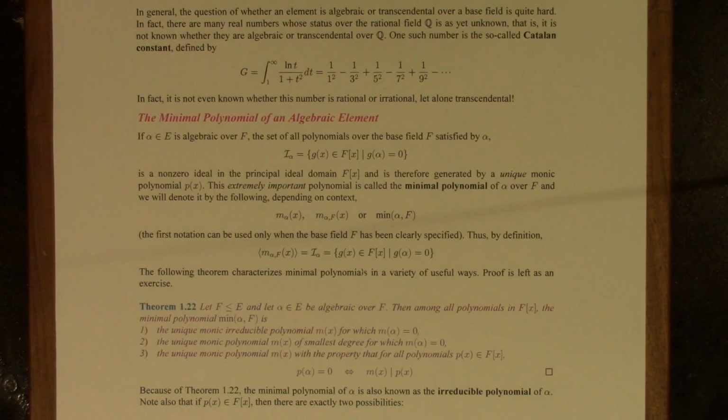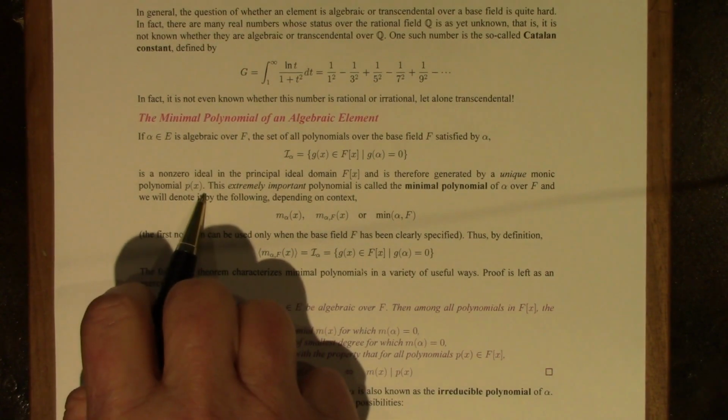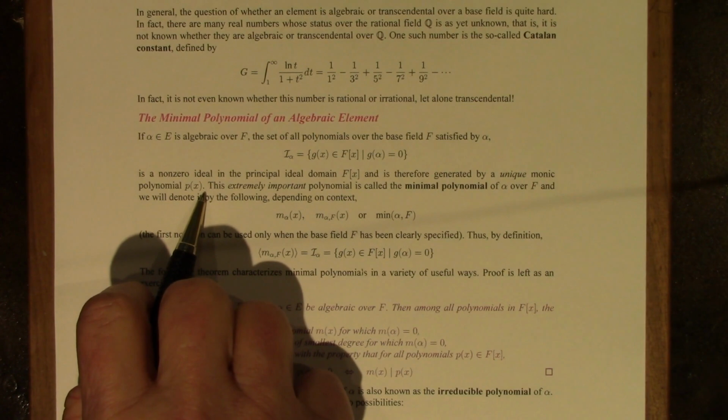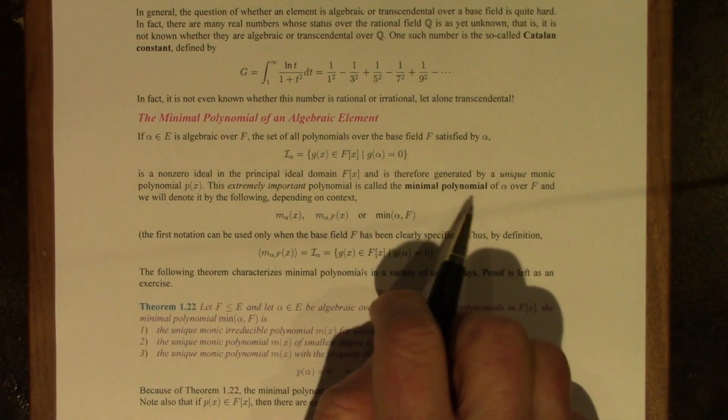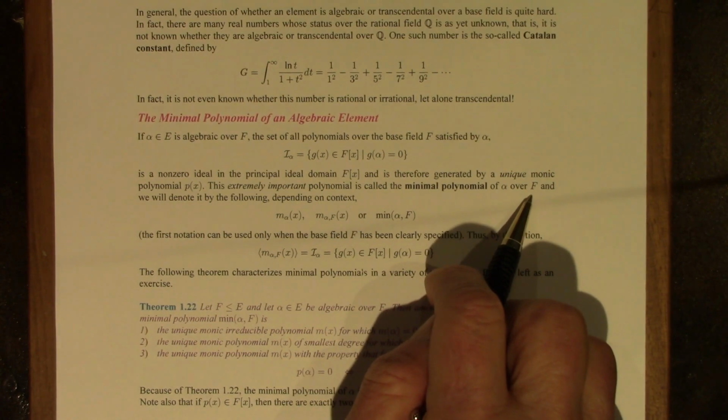It wouldn't be unique if we didn't require it to be monic. We'll call that P of X. This is an extremely important polynomial. It's called the minimal polynomial of the element alpha over the base field F.